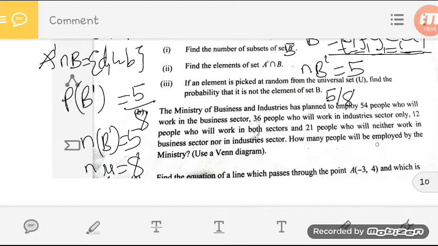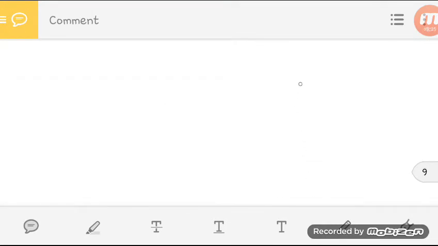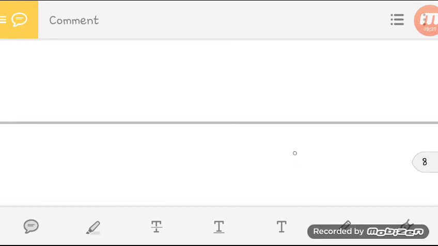How many people will be employed by the ministry? Use the Venn diagram. Because we have to use the Venn diagram, this is how you're going to solve it. If you were required not to use a Venn diagram, the problem would be so hard to solve. But now you have been told to use a Venn diagram.